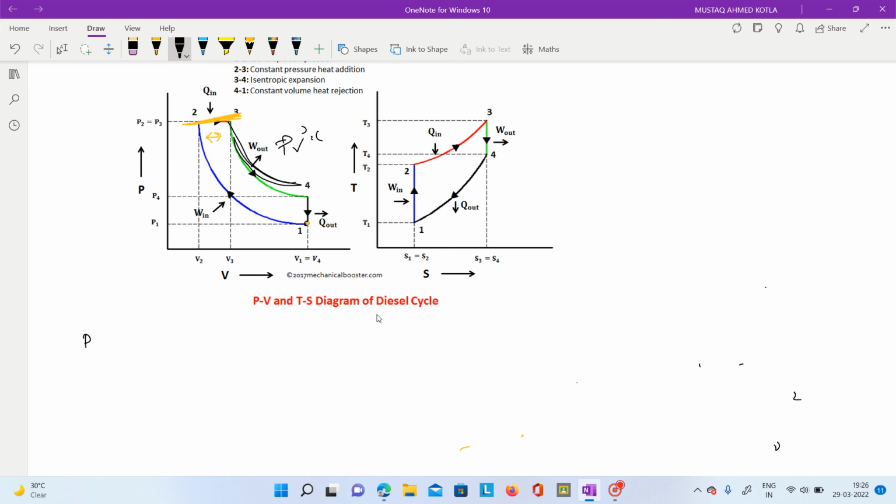Similarly, for 3 to 4, P3 V3 power gamma equals P4 V4 power gamma. Now equate the equation.